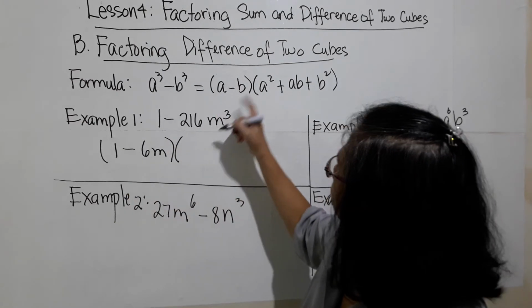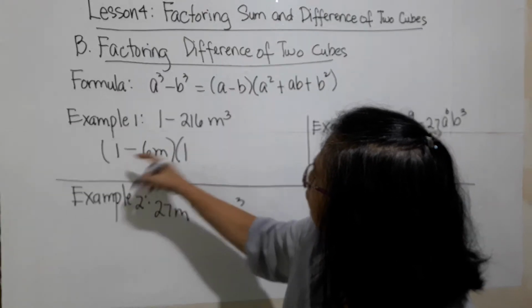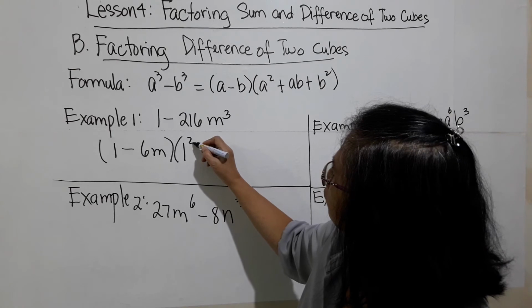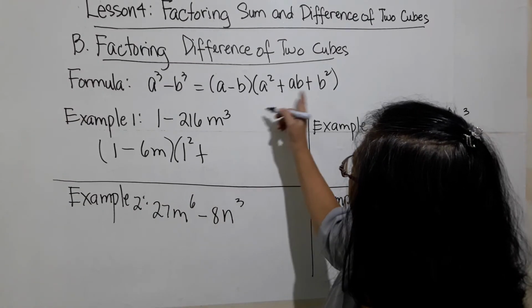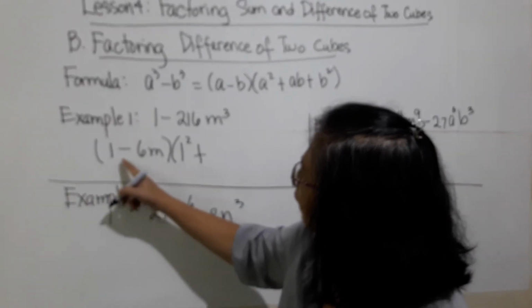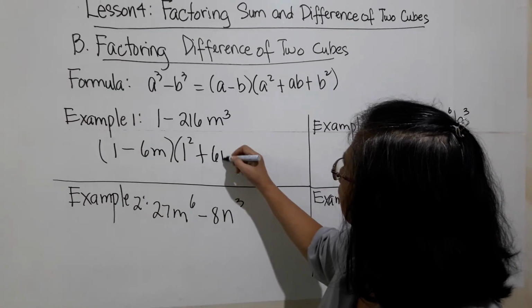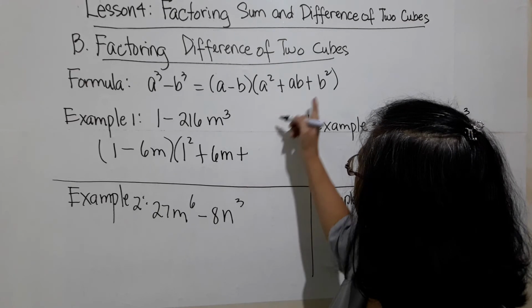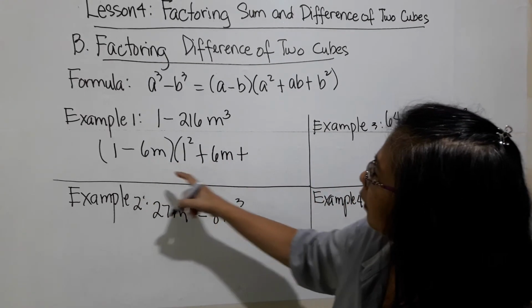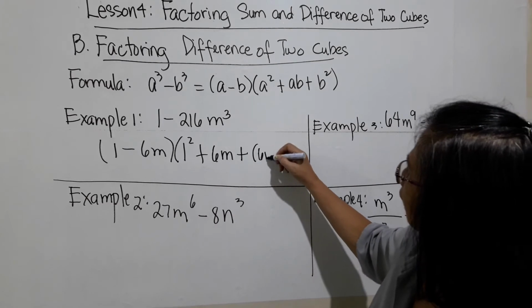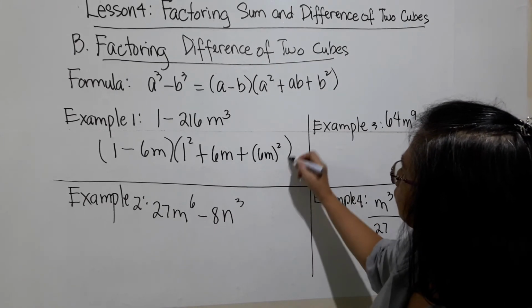So, a squared means 1 squared for example number 1. Plus ab, meaning 1 times 6m is 6m. Plus b squared is, for this particular example, 6m squared.